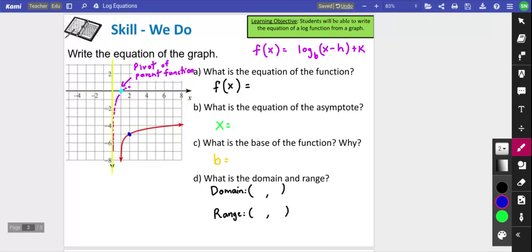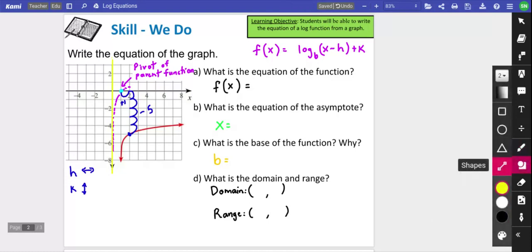So starting with this pivot point of the parent function, I'm going to be determining the movement to get to the pivot point of the red line. So from there, I need to move 1 to the right and 1, 2, 3, 4, 5 down. So in the formula, h moves you sideways, k moves you up and down.